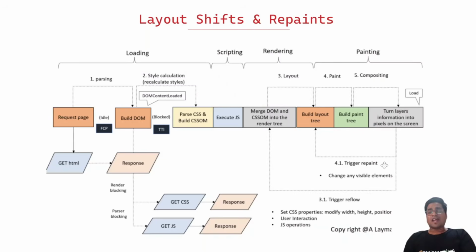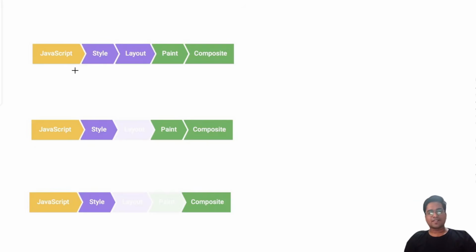Now let's try to understand which properties can impact this and can be the main cause for this. We have seen these phases, right? Anything related to downloading the JavaScript, because of the JavaScript, if there is any impact on the CSSOM or the DOM, it takes care of that.